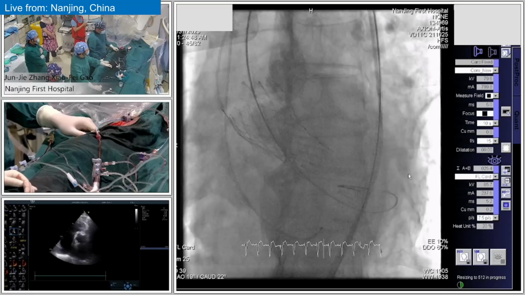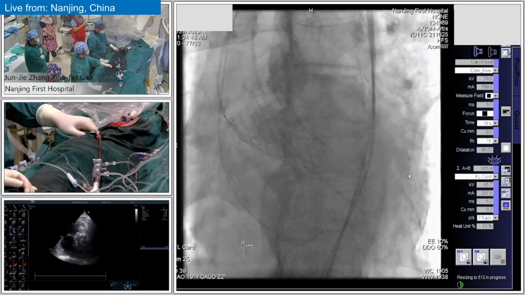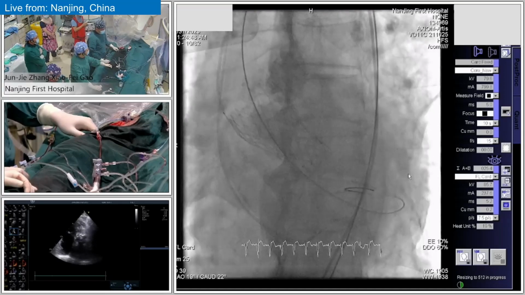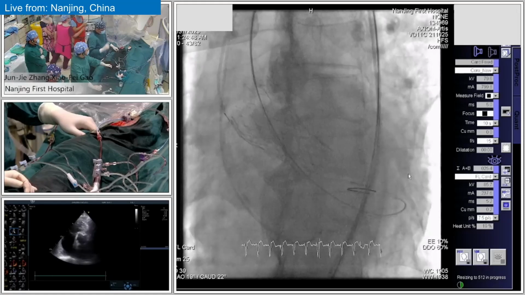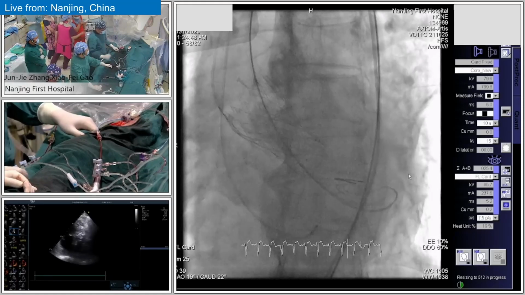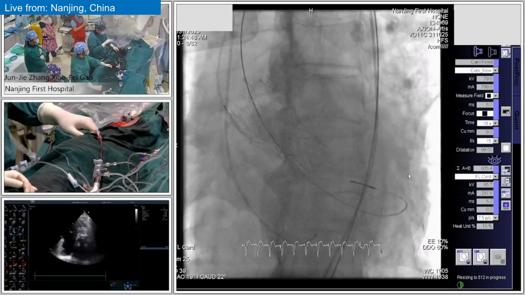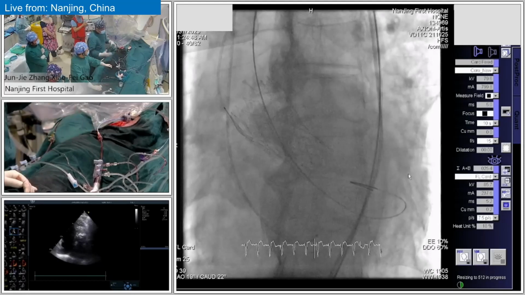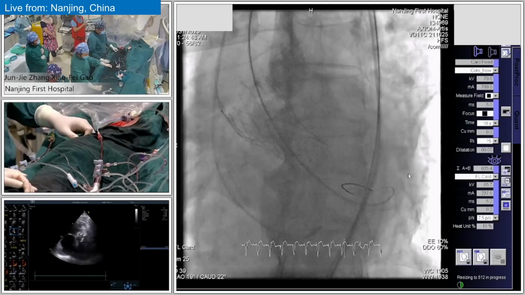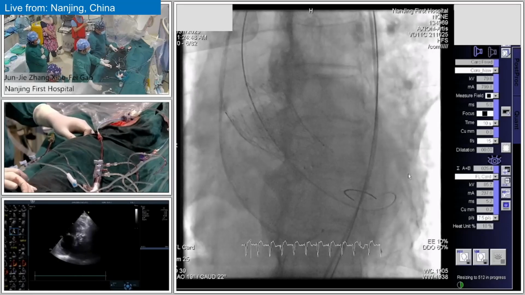Also, this is a typical BAV case, and also a high risk of pacemaker implantation due to the baseline ECG RBBB. So my intention is a high implantation, maybe 0, just at the level of the annulus. Since it's a BAV case, the superior aortic root system can anchor the valve. So this is my strategy.